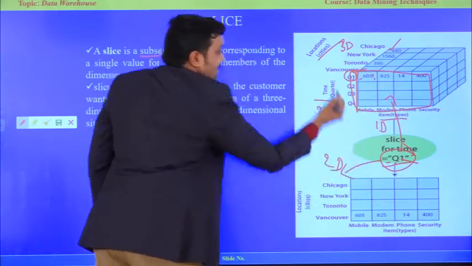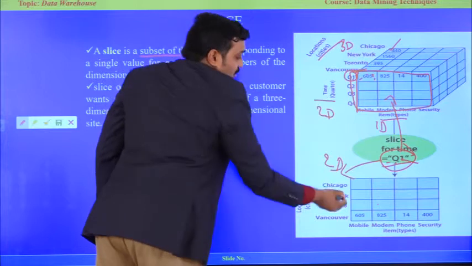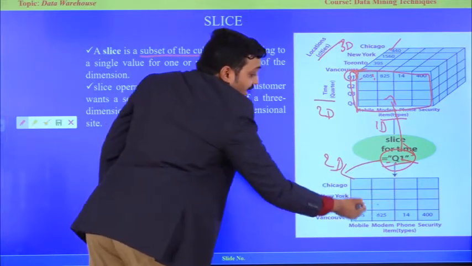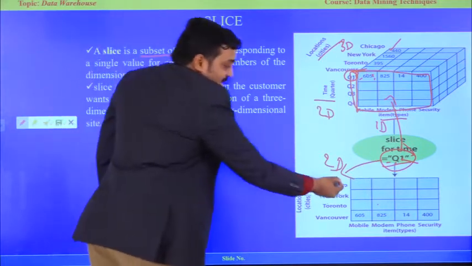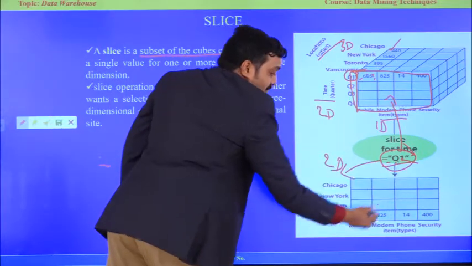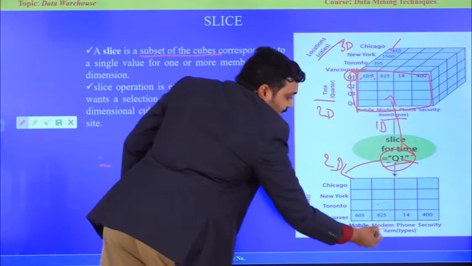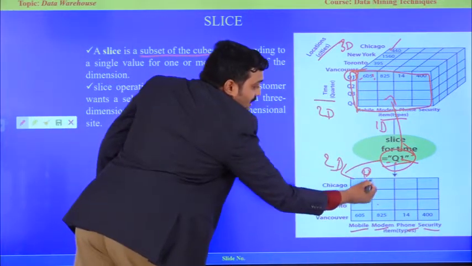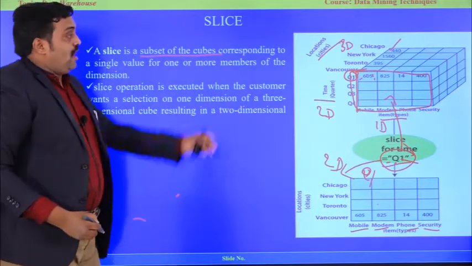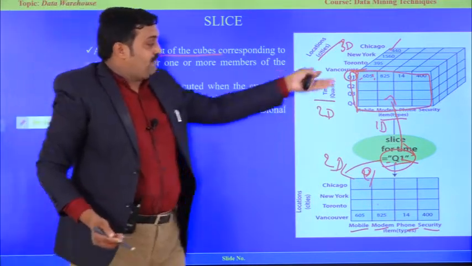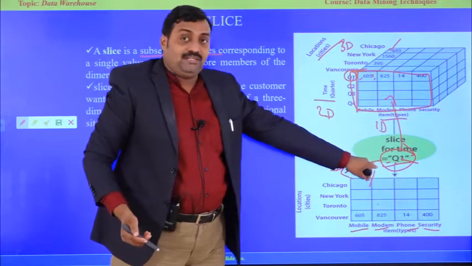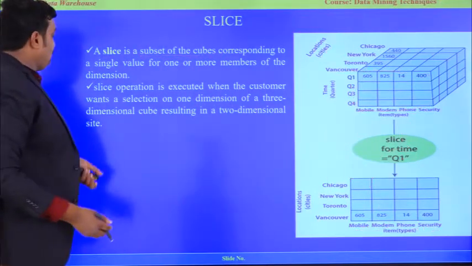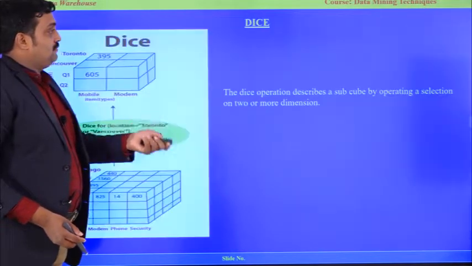Same thing: the Chicago sales report, New York sales report, Toronto sales report for quarter 1. I get all the cities' sales reports with the different products for Q1. That is slice: on 3-dimensional data, applying a 1-dimensional operation to get 2-dimensional data.